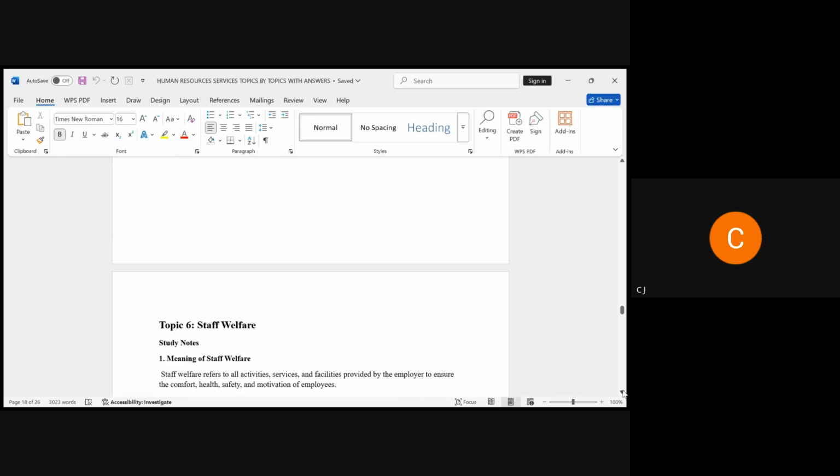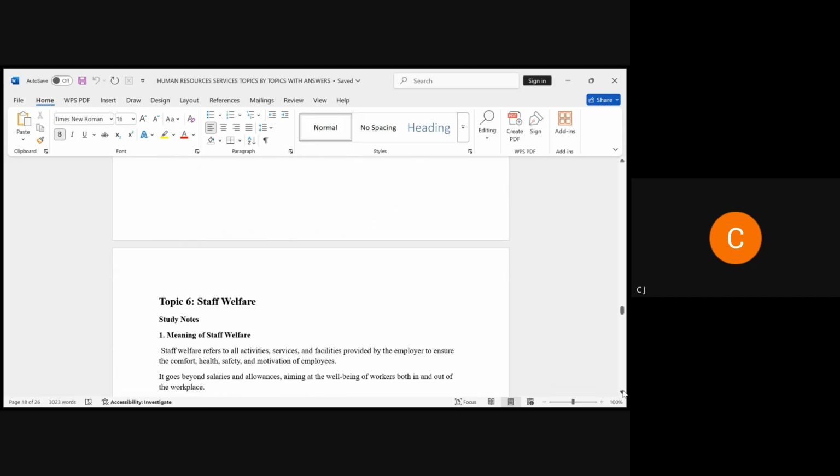Staff welfare refers to all activities, service, and facilities provided by the employer to ensure the comfort, health, safety, and motivation of employees. It goes beyond salaries and allowances, aiming at the well-being of workers both in and out of the workplace.